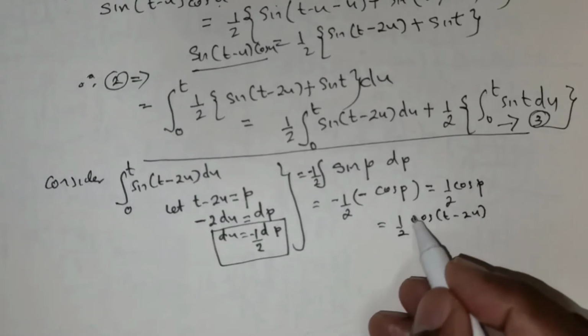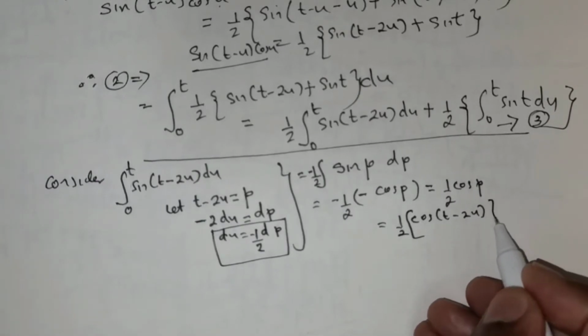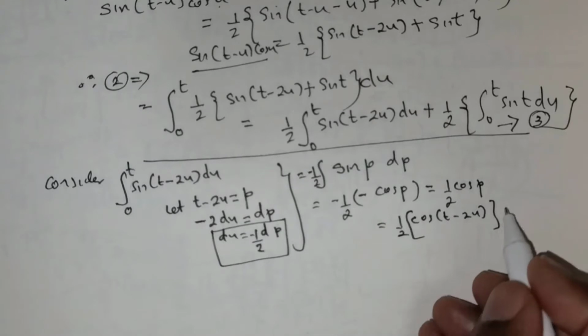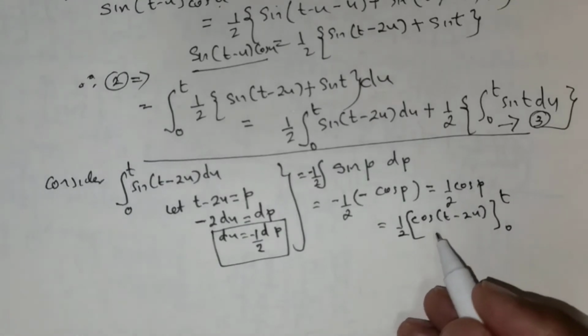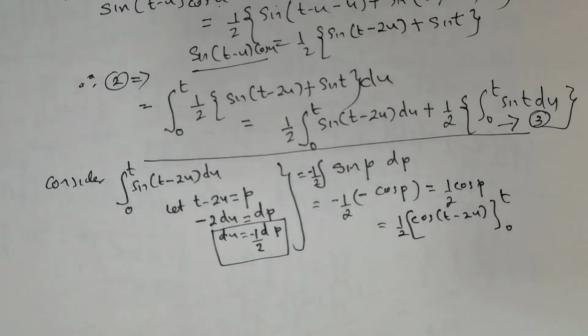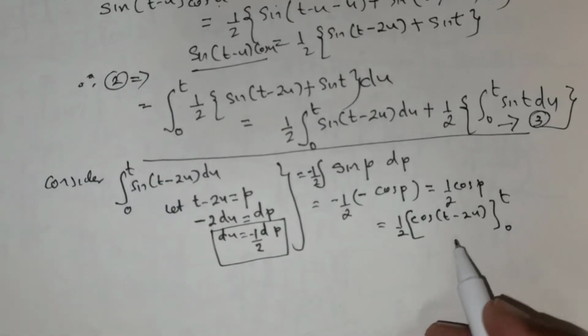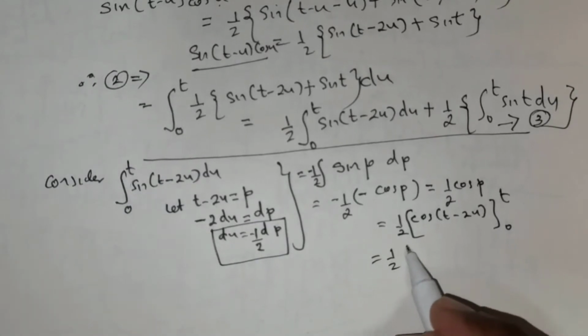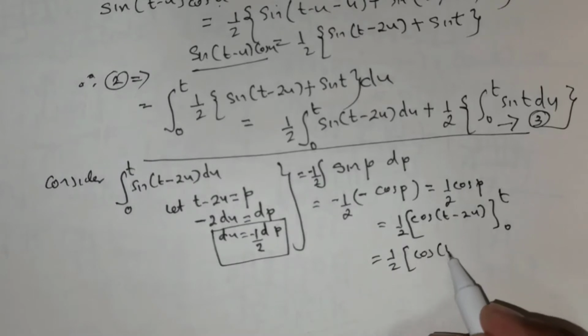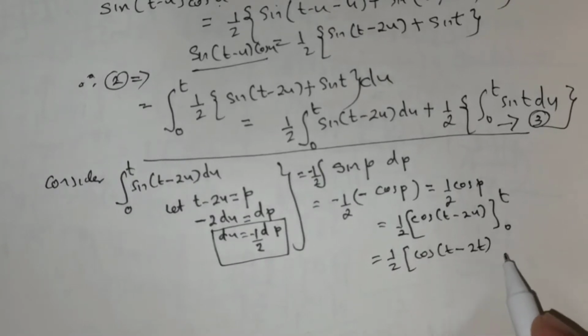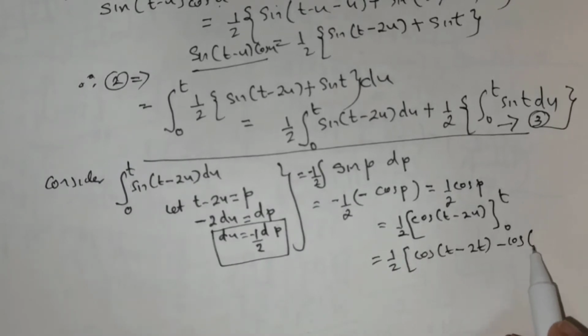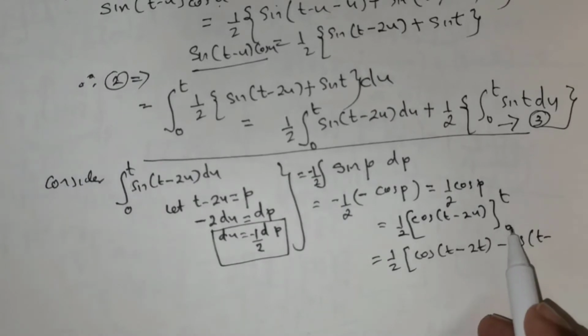Now the limits, what are the limits? The limits are 0 to t, because I've now brought them back to the original t minus 2u. So now I can substitute the limits. If I substitute the upper limit, this is going to be cos of t minus 2 times t, minus cos of t minus 0, since u is 0.